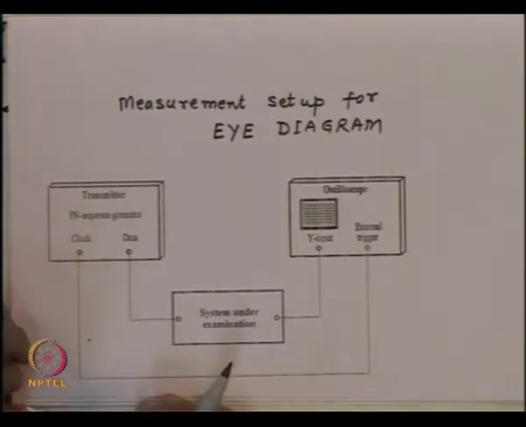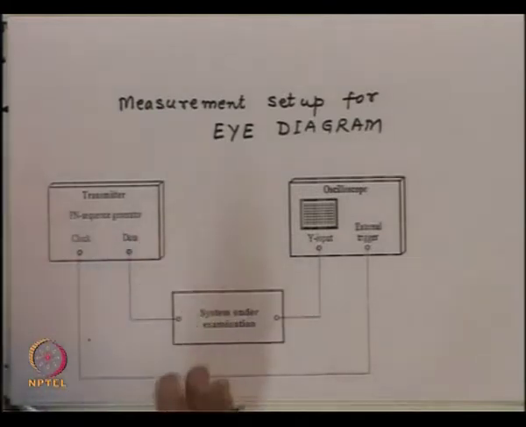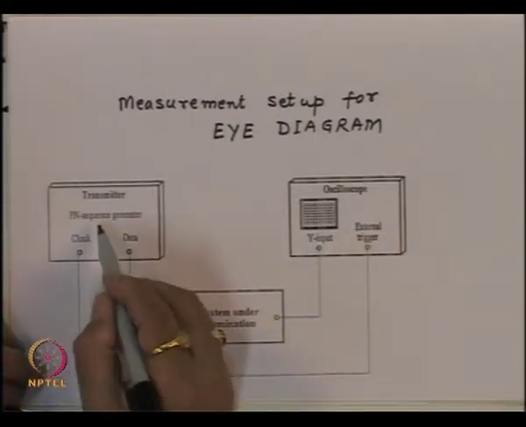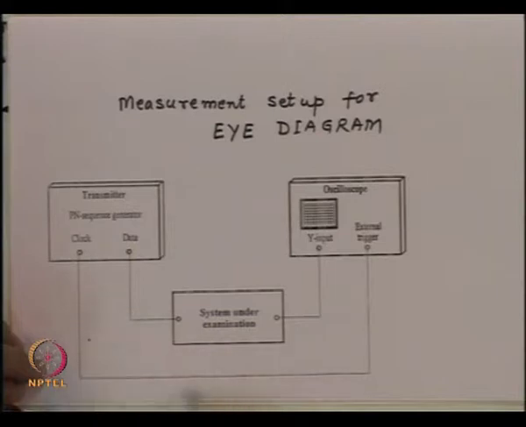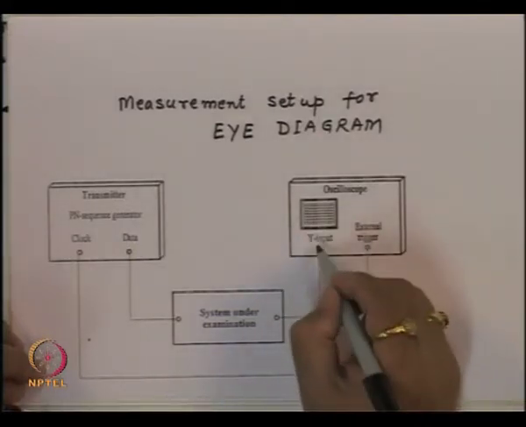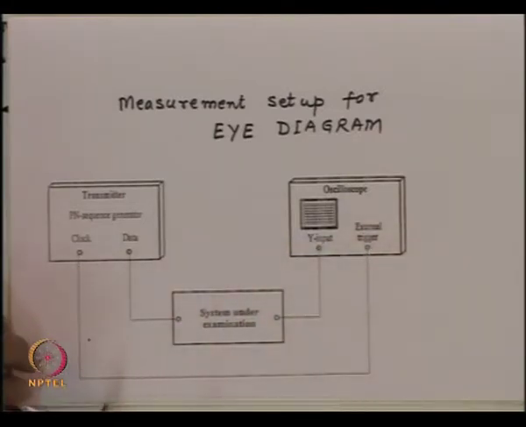What we are essentially doing here is that we have a transmitter which generates the data in a random sequence. This data is supplied to the optical receiver which you want to test. The output of this receiver is given to the oscilloscope, and the clock with which the data was generated is supplied as an external trigger to the oscilloscope. So, essentially now this data which we are recording on the oscilloscope is synced with the clock of the data.